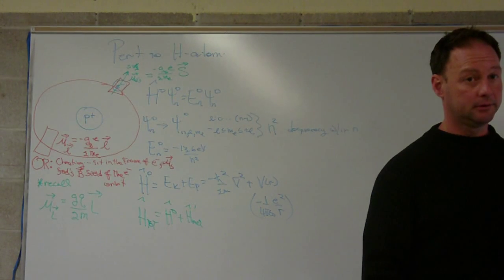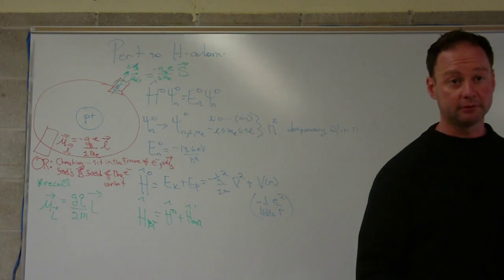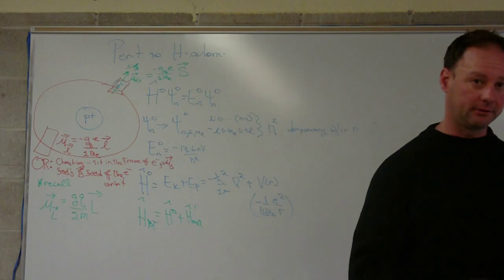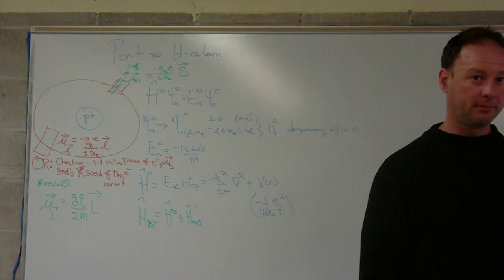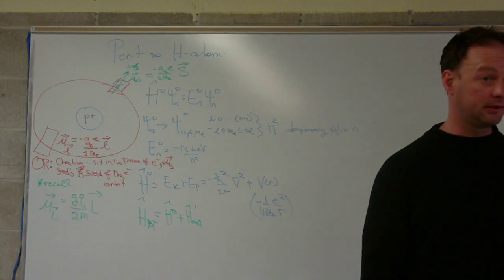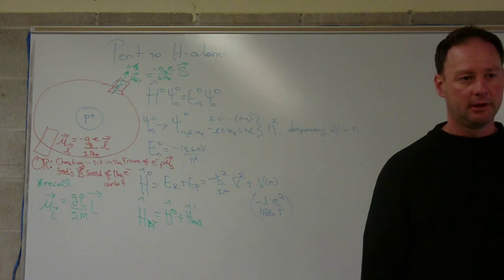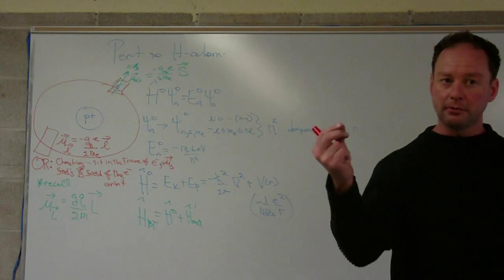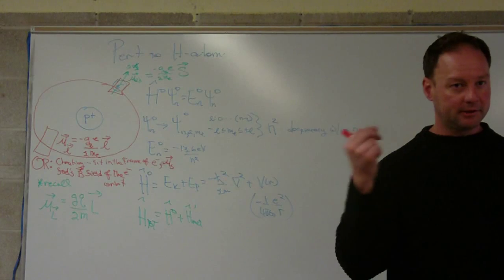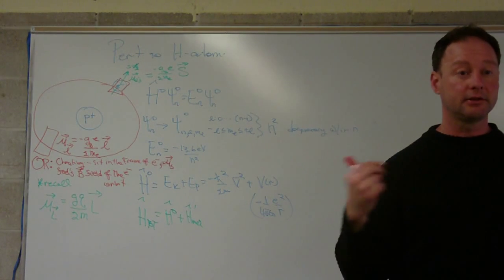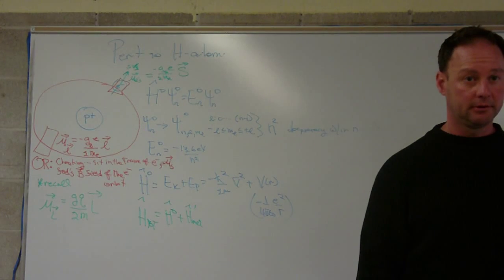By definition, an inertial frame is a non-accelerating frame, but it can be moving with respect to another one. But the electron, because it's in an orbit, even if it's at constant speed, is accelerating because it's changing its direction.